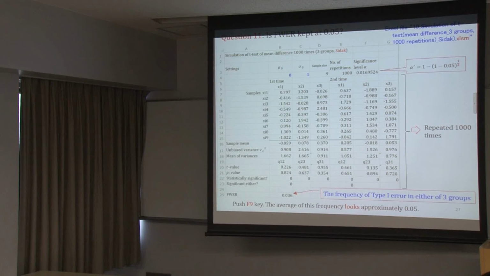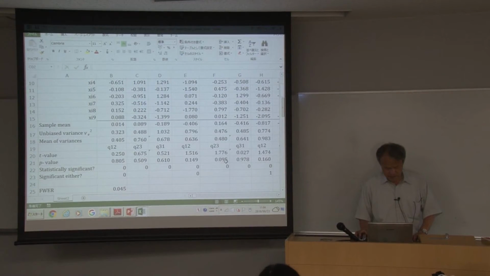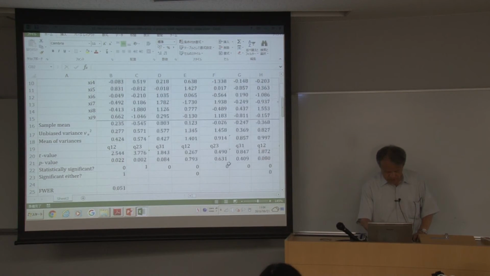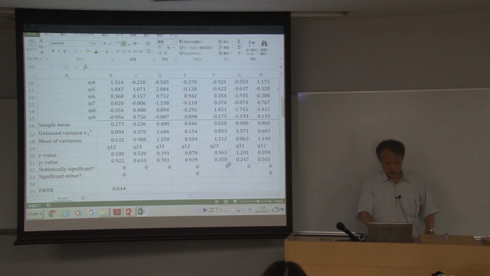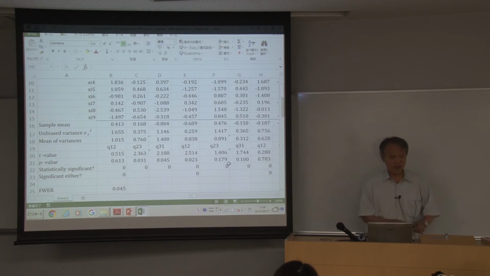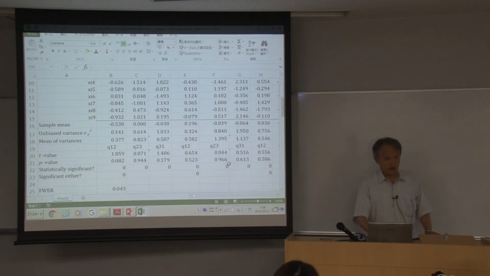File number 10. Again, you don't have to input any new equations in this file. And by pushing the F9 key, this FWER fluctuates. So how much is the average of this FWER?